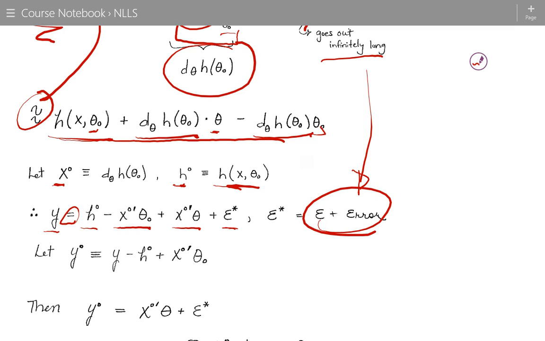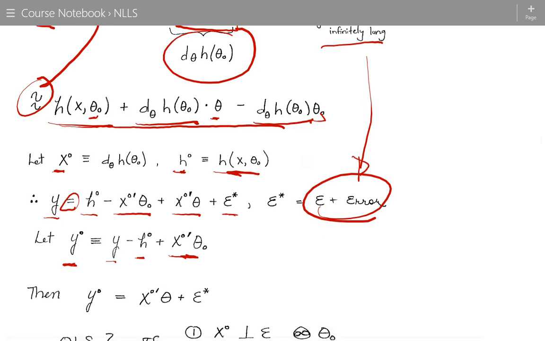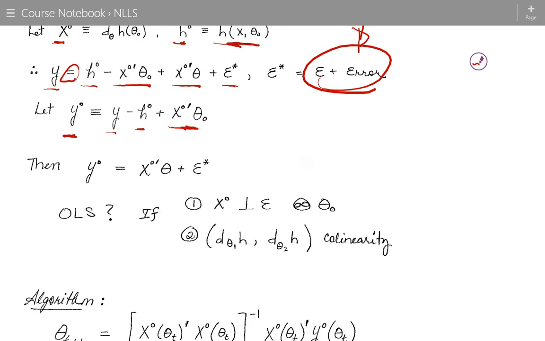Now, if we define a y naught equal to y minus h naught plus x naught times theta naught, then we can restate the whole thing as y naught is equal to x naught transpose theta plus this error term. And that also looks like a regression type function, but now it looks like a linear one.